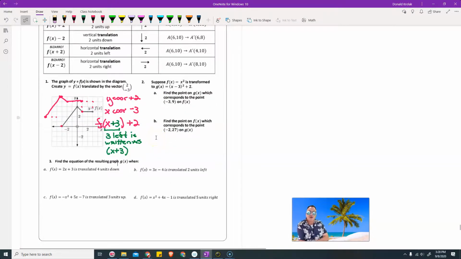All right. Suppose you have the function f of x equals x squared, and it's transformed by this equation. So over here, I know that that 2 right there, I'm going to take the y coordinates and I'm going to add 2. Then when I look inside here, I got to think Bizarro world.